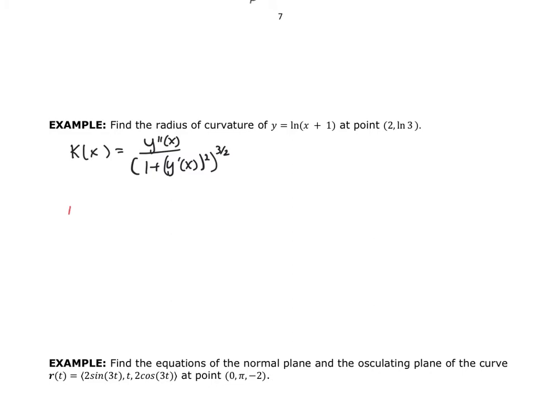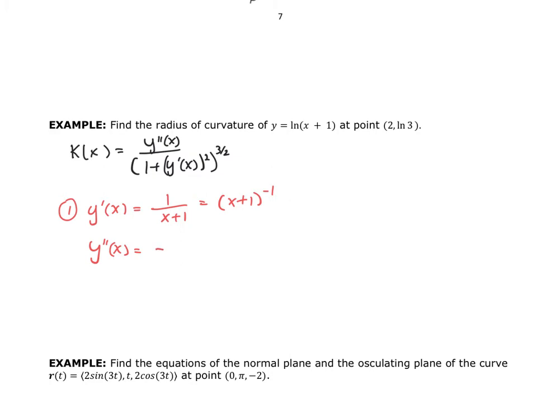First thing I'm going to do in this case is find y prime of x. So that is going to be 1 over x plus 1 multiplied by the derivative of x plus 1, which is just 1. Then y double prime of x, to make my life easy, I'm going to write this as x plus 1 raised to the negative 1, so I can use the power rule and the chain rule.